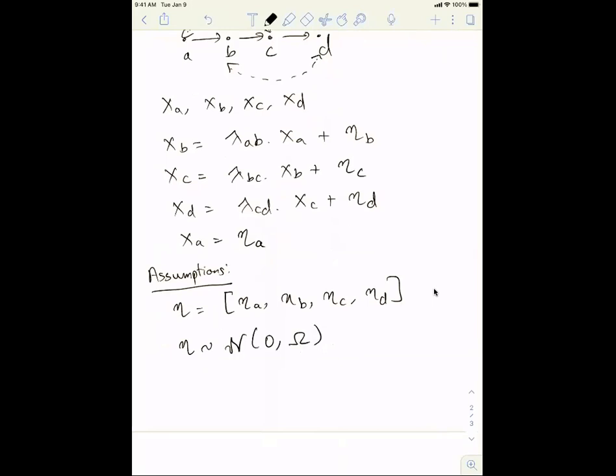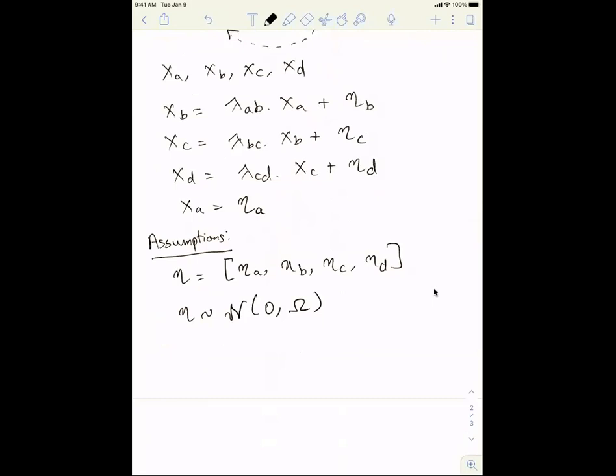Its covariance is omega, which is unknown. Likewise, in these equations, this matrix lambda is a 4 cross 4 matrix, and most of it is 0 except lambda AB, lambda BC, and lambda CD. The rest are zeros.